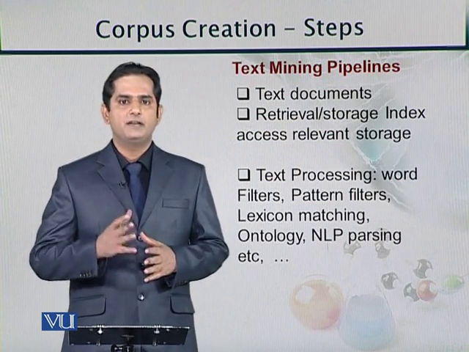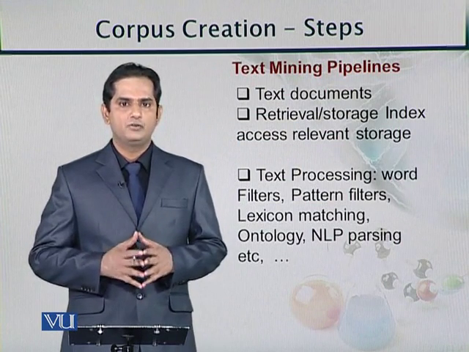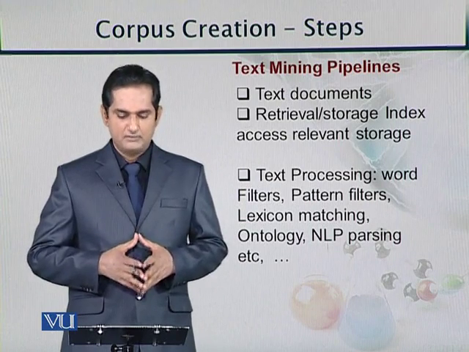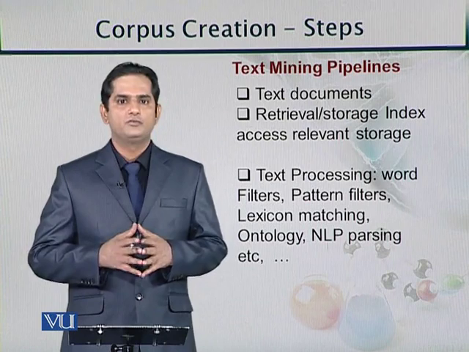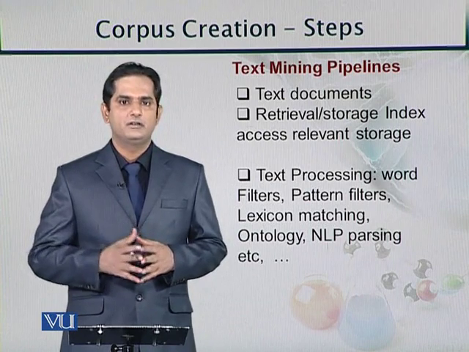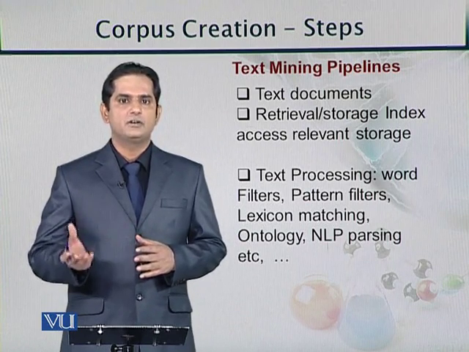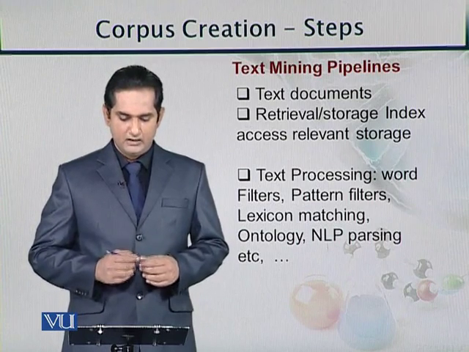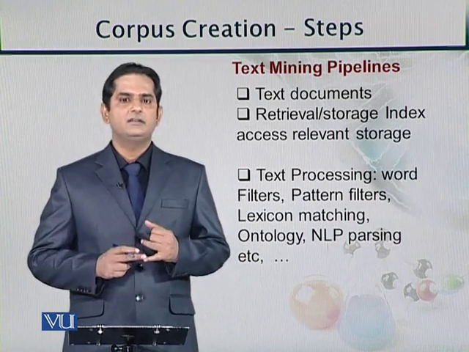There is a complete text mining pipeline whenever we want to text mine our data. So what are those pipeline steps? At the initial level, for inputs we should have some textual documents. In our case, these textual documents can be any publication related to the biomedical domain. Then we do retrieval or indexing of those documents.